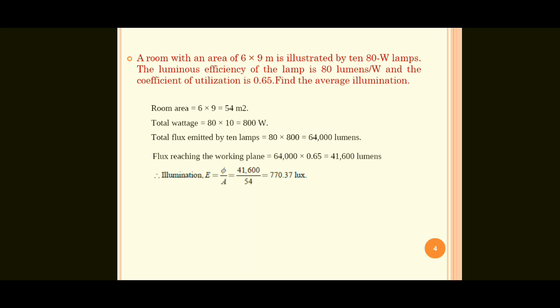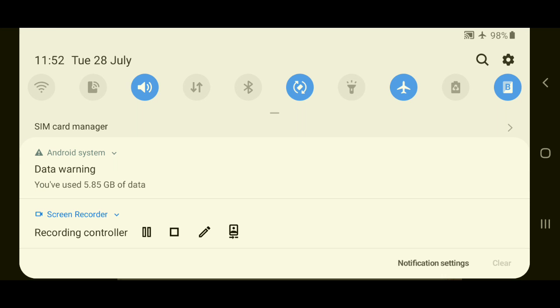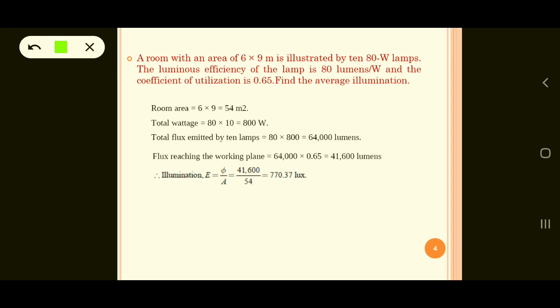And the coefficient of utilization is 0.65. Find the average illumination. So first write down the given data: room area 6 into 9 meter square, total wattage 80 into 10, 800 watts.